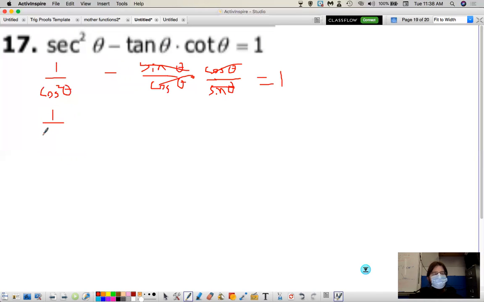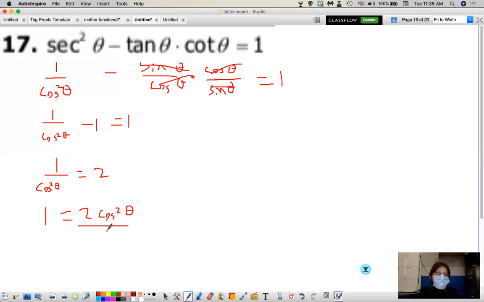So 1 over cosine squared theta minus 1 equals 1. 1 over cosine squared theta equals 2. 1 equals 2 cosine squared theta. Divide by 2.